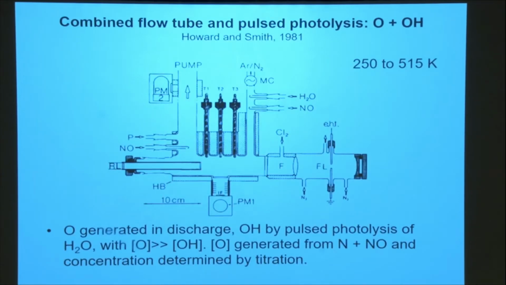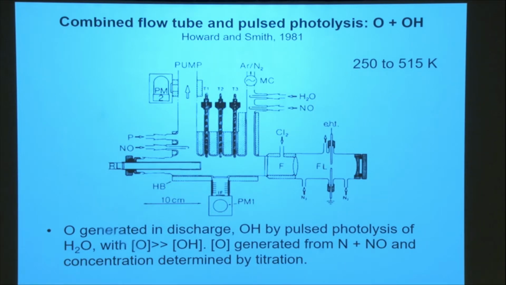Okay, we can also, so this is an old example, we can also use flow tube reactors to give us information about rate constants. So in this case, this is a radical plus radical reaction, and these are much more difficult to tackle experimentally, in fact.